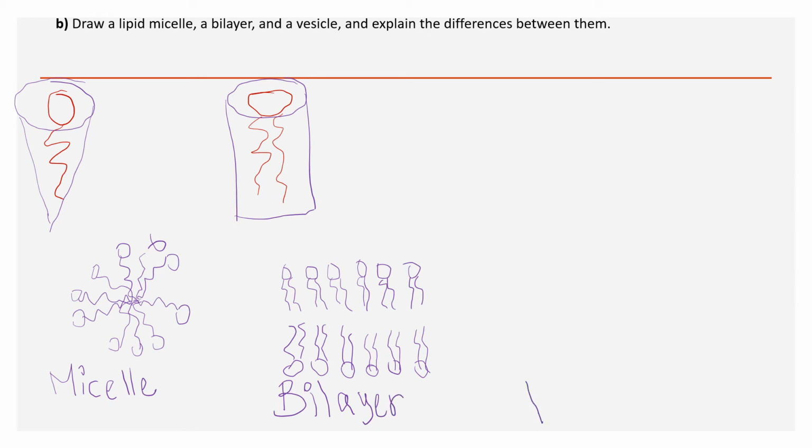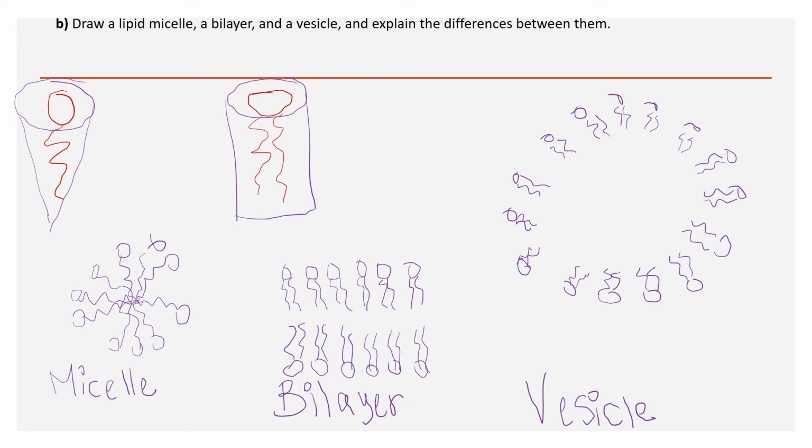Lastly, we're going to draw a vesicle. And when a 2-dimensional bilayer folds on itself, it forms a closed bilayer. And this is a 3-dimensional hollow vesicle, a liposome. And it encloses an aqueous cavity. So what that looks like is a circle of polar head groups, where there are 2 tails.